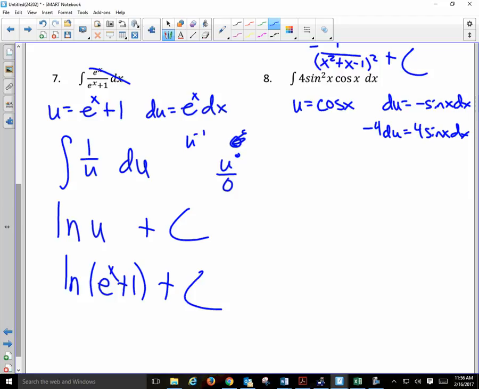Well, I multiply by a negative 4. So watch what happens with my substitution. I have negative 4 times the integral. Watch what gets replaced. Instead of cosine of x, what do I have? I have u. And the negative 4 in the du replaces the sine of x, right?